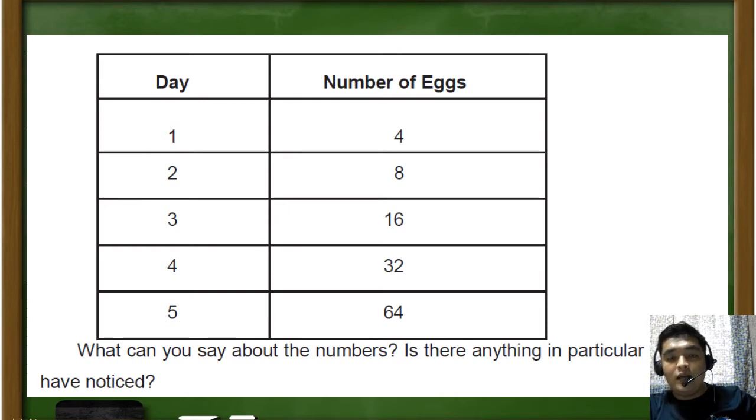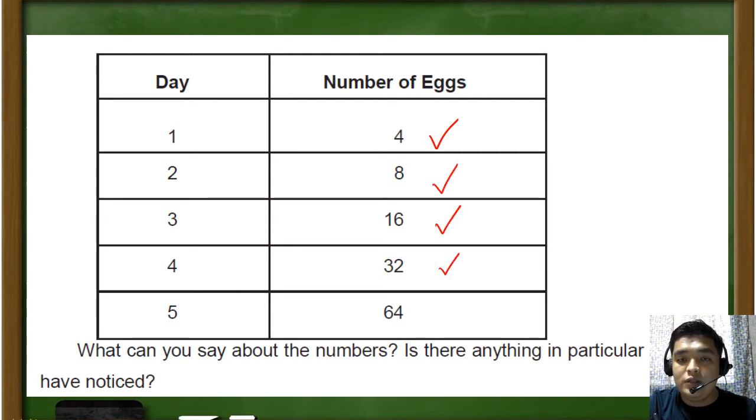So what can you say about the numbers? Is there anything in particular you have noticed? Someone, what did you observe about the number of eggs? Okay, from 4, it became 8, then 16, then 32, then 64. Very good, it doubles every day.